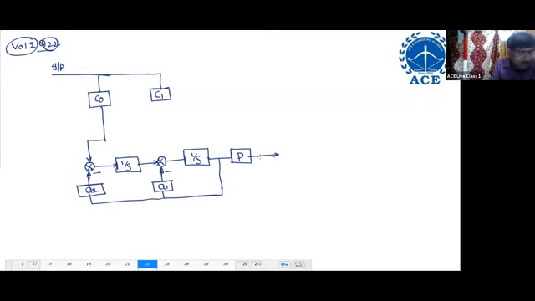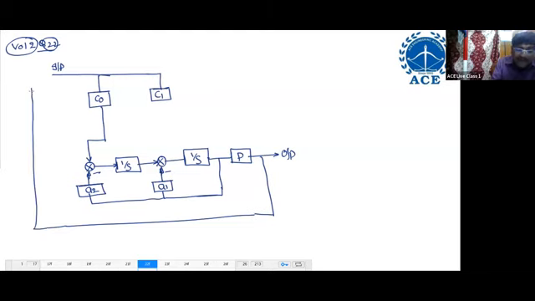Next feedback path. This is the output. This is the feedback path. Feedback path connected to what? B0 and B1. B remember, B0.